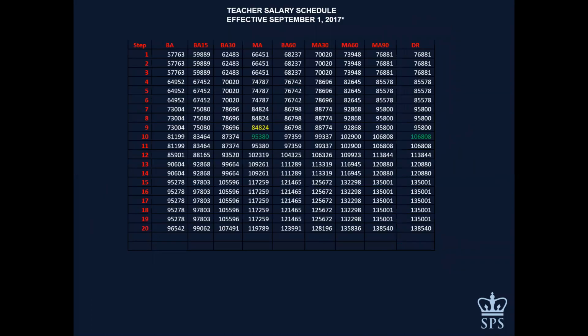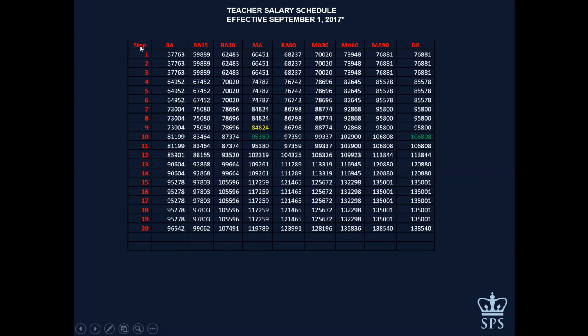So what does that mean? Let's look at a salary table from one of the contracts that I was involved in. This is sort of a typical government salary schedule. Along the left side, you can see steps that usually represent the years of service. I don't know if the arrow is working for everyone, but if you take a look at step 9, it usually means that someone has been working in the district for 9 years.